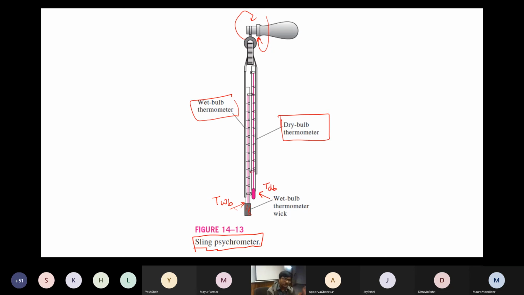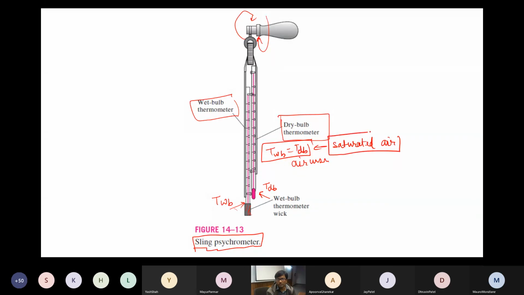If there is a difference, the air is unsaturated, and if both are the same, your air is at maximum saturation.